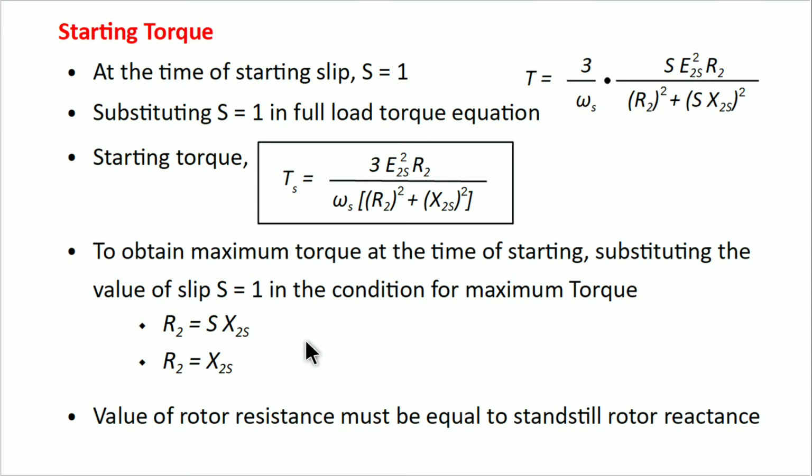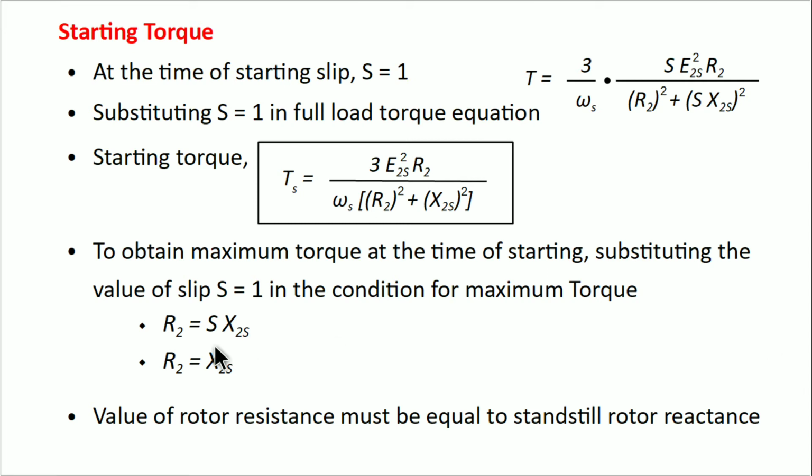Generally, the value of resistance is kept low to minimize the copper losses. So reactance is generally high, but we can do this at the time of starting. Some resistance may be inserted in the rotor circuit. It should be made equal to X2s. As the motor picks up speed, this rotor resistance may be reduced, but it is possible in the slip ring induction motor only, where we can insert resistance in the rotor circuit.